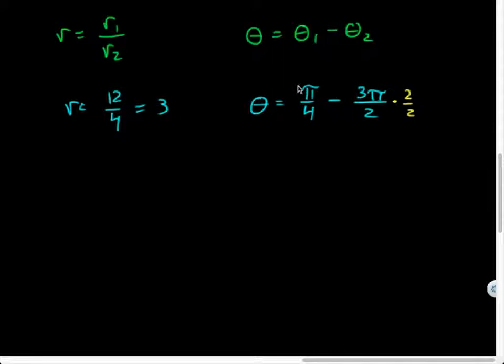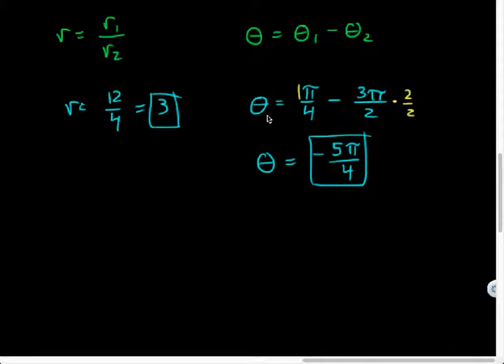And up top, I'll have 1 pi minus 6 pi. So that's going to be negative 5 pi over 4, if I'm not mistaken. So here I have my new modulus and amplitude, or argument, if you want to call it that, but no need to argue about it.